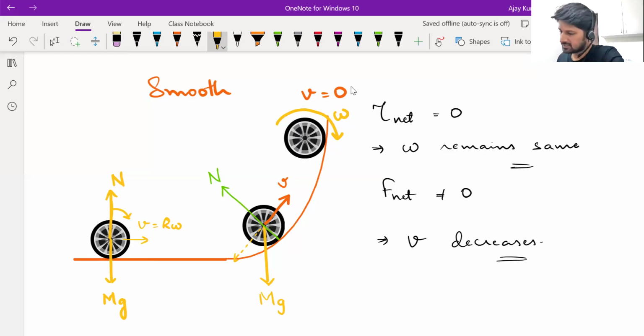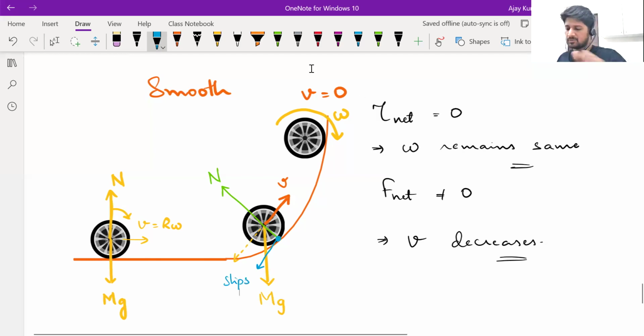And observe carefully, omega remains the same, means rotation remains the same, but V decreases. While it is ascending up, V decreases, means translation decreases. Less translation, more rotation means backward slipping. So as this object ascends, the point of contact slips backward.